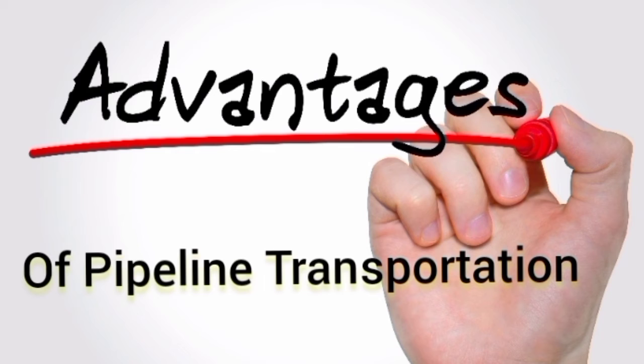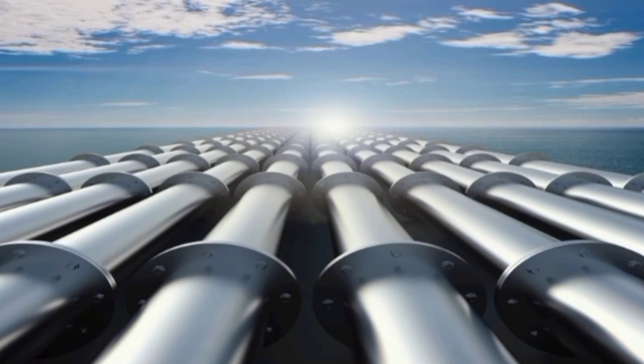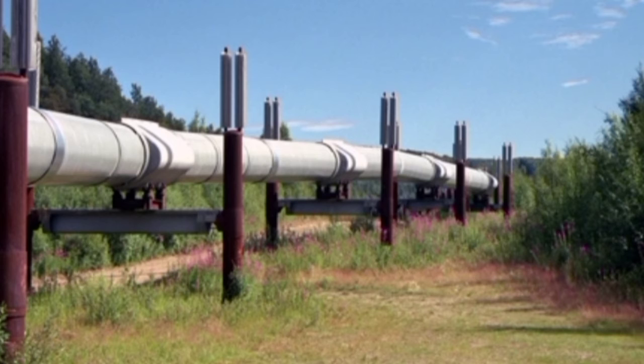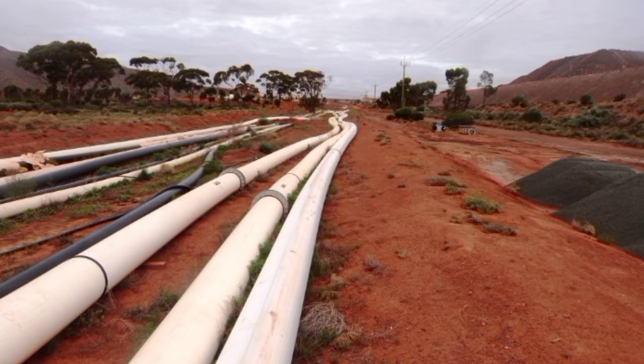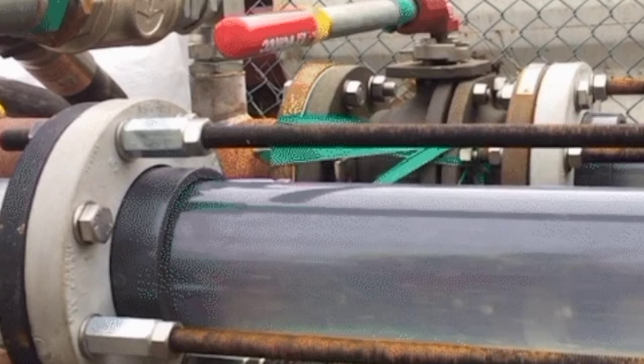All right? Now, advantages of pipeline transportation. Okay? One, a continuous flow of the product is more guaranteed. All right? It's not easily prone to accident. Once they are built, they cost very little to use since it requires little or no maintenance.